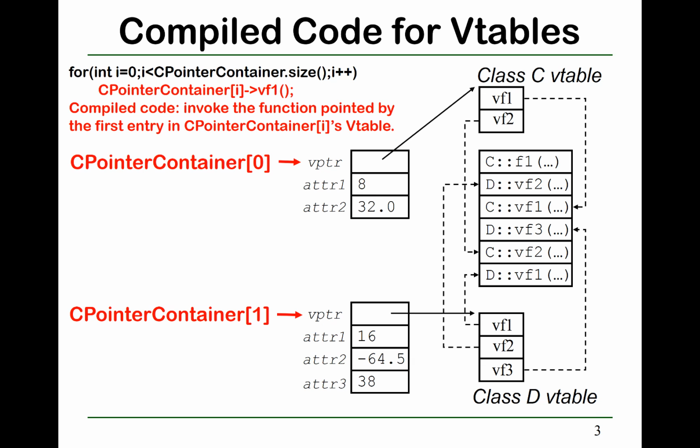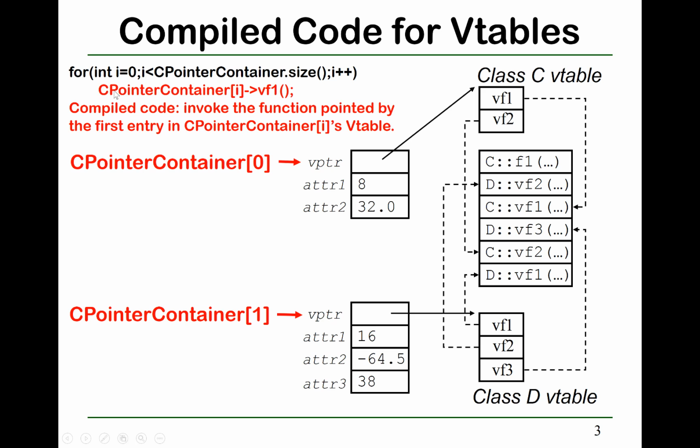Now let's take a look at how to find the right function to call at runtime, or say how the compiler generates the code. Let's take a look at this example. Here we have a class C pointer container, and in this code we want to go through every element in this C pointer container and call vf1.